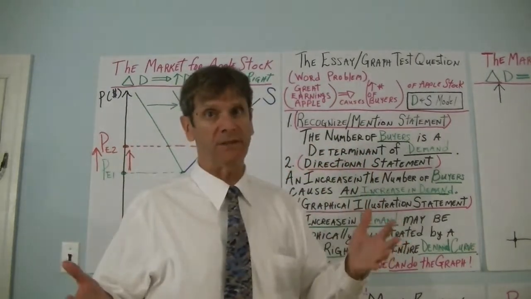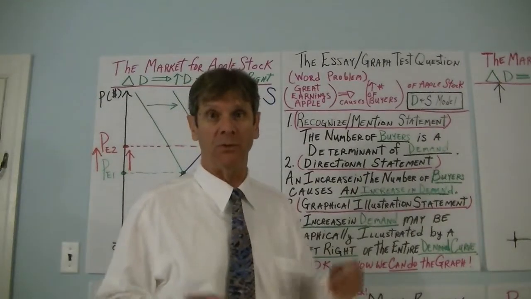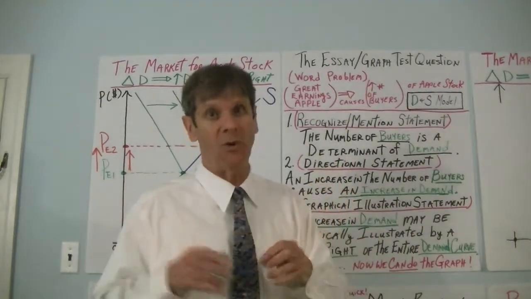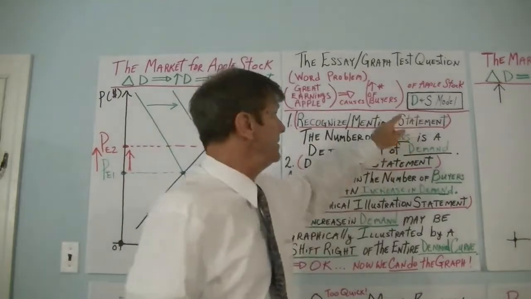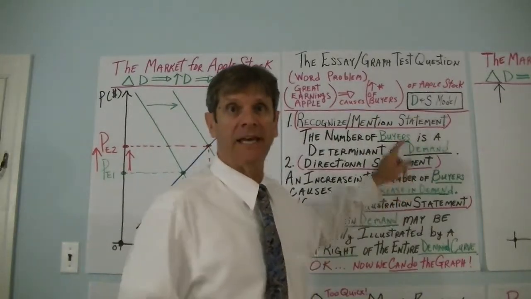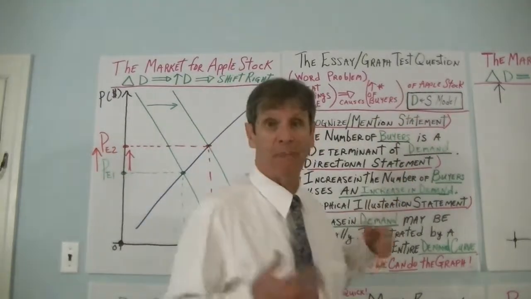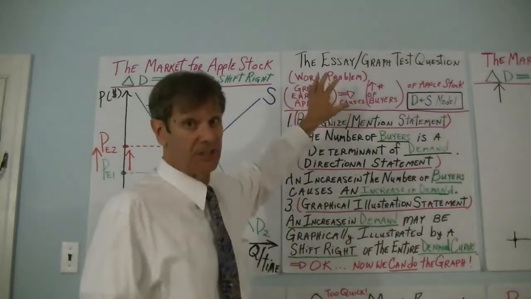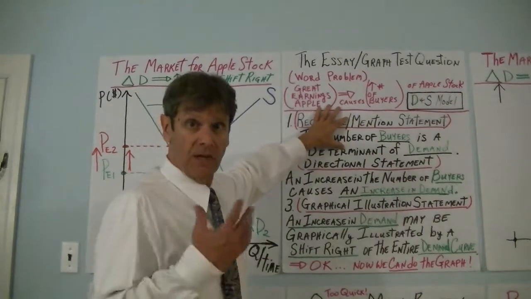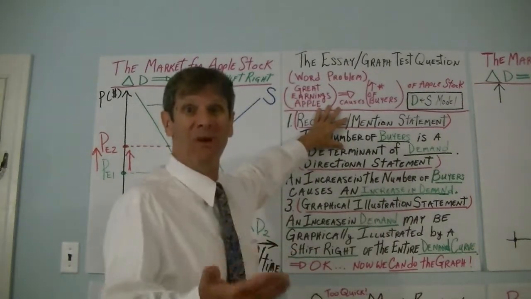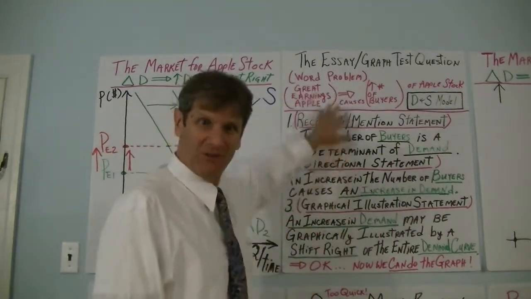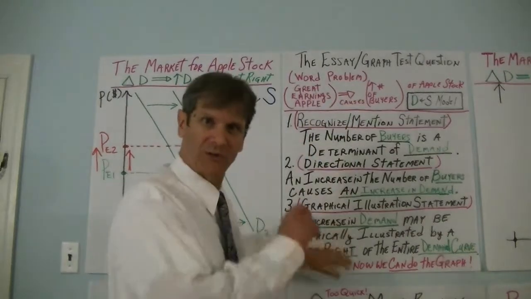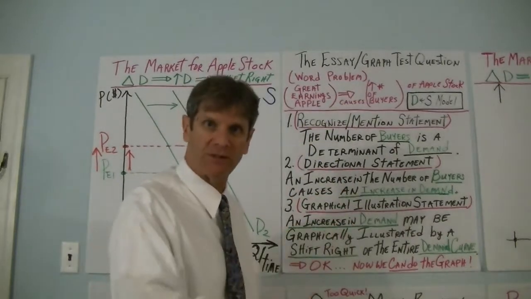Now, more about this in the next couple videos, which are going to be tough, a tiny bit boring, but this is called a determinant of demand. If it changes, it causes demand to change. You've got to study this a bunch, but as you study it more, once you have the word problem, you can start sketching out the parts.